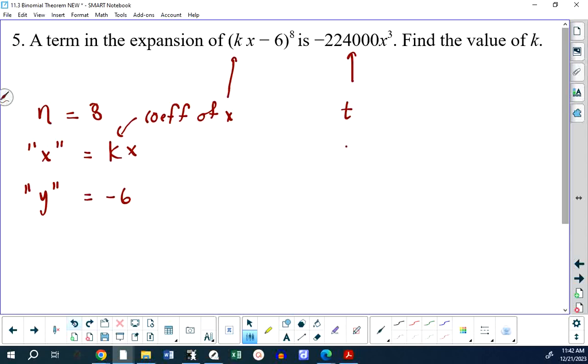And over here, there is k, which is a key number of some term. We still need to find out what the key number is. We need to find out which term this is. Is it the first term, the second term, the third term? So we need to find out which term has x cubed. That's all.